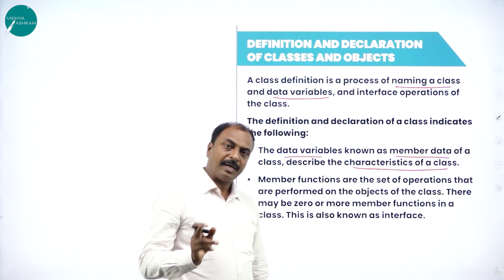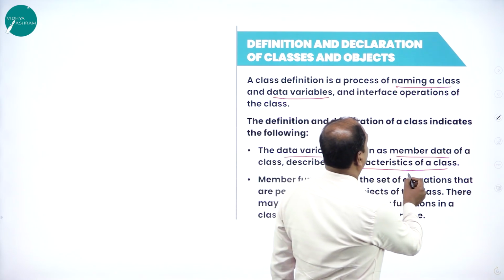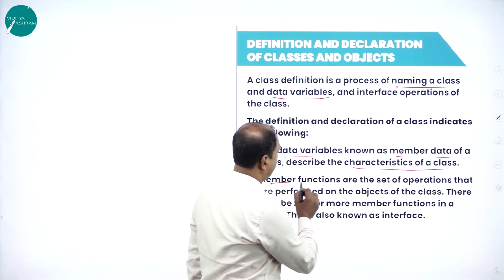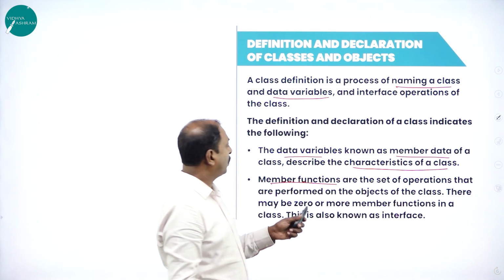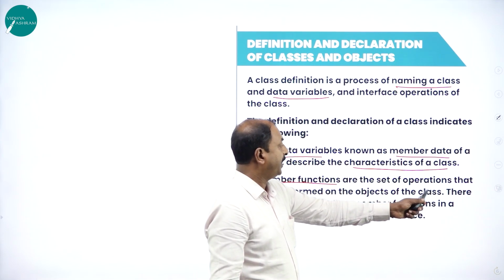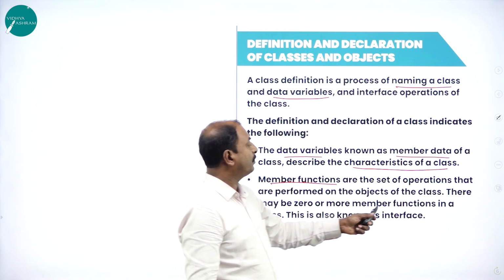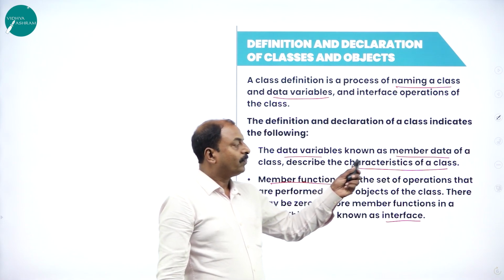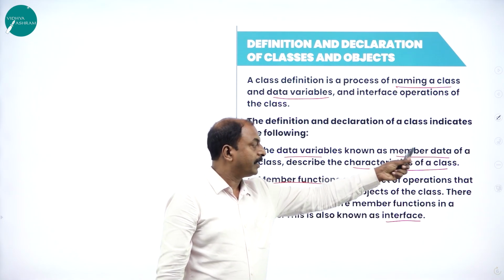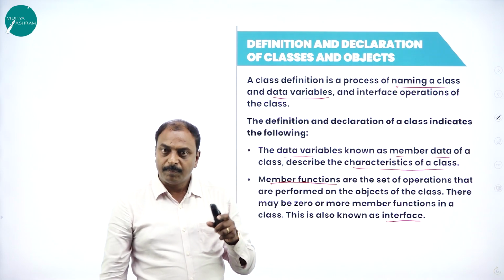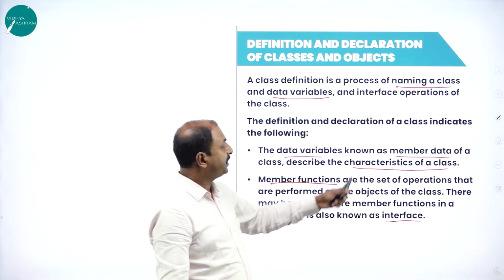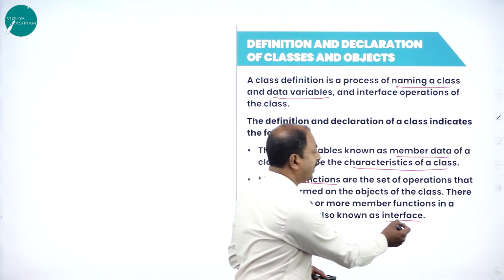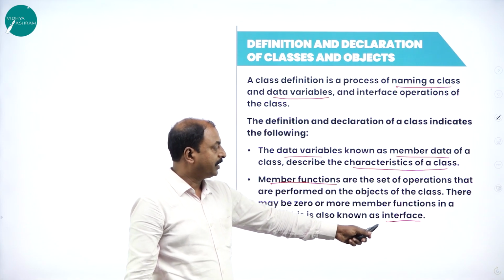So with respect to programming, characteristics are represented with member data, and the member functions are a set of operations that operate on an object of a class. There may be zero or more functions in a class. This is also known as the interface. We know what a class is, and we know what data members are, and the member functions associated with this data are called member methods or member functions. This is known as an interface. That is the meaning of the word interface.